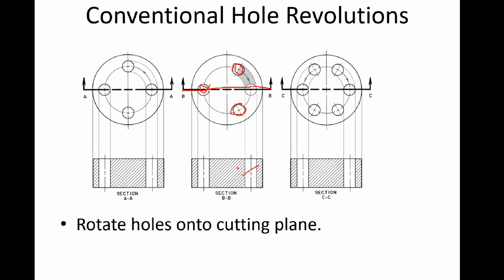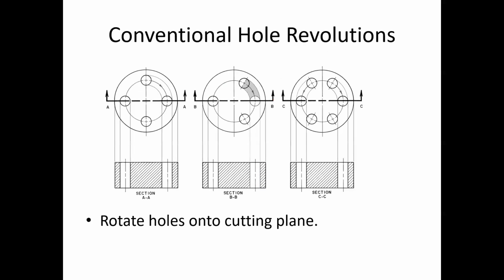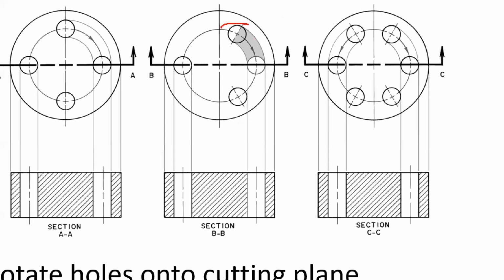So technically this hole should not be there based on what I've taught you up to this point. And if you were to model this in Inventor and put that section line there, it ain't going to have a hole there, right? But the conventional way to show this is to rotate this hole to the cutting line and include it in the section view.